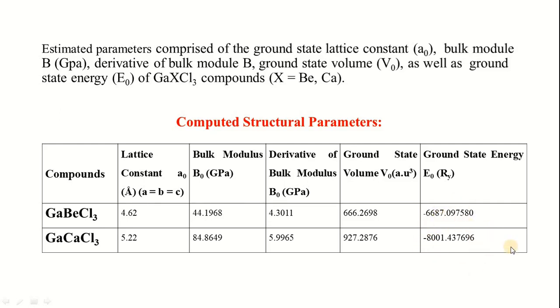So these two values are very important. Now the ground state volume for both of these compounds is also quite important. For GaBeCl3, the ground state volume is 666.26, and for gallium calcium trichloride, the ground state volume is comparatively higher than gallium beryllium trichloride.